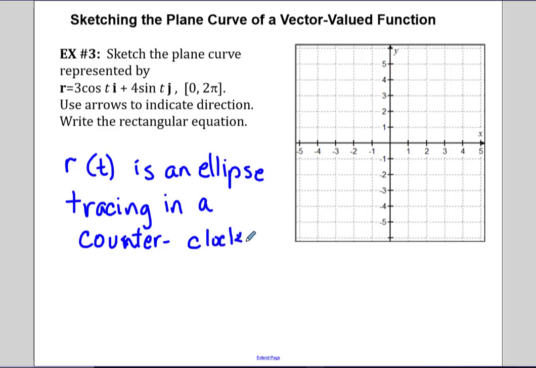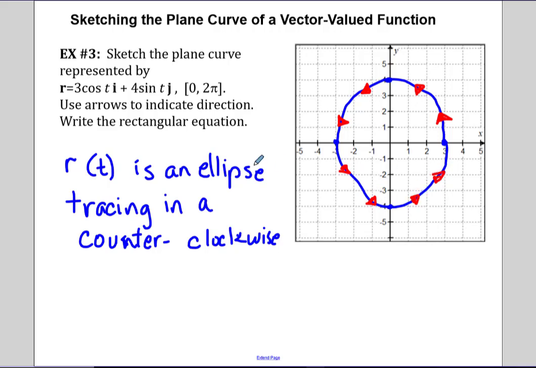So 3 cosine t in the horizontal means that we have 3 on the x-axis and then 4 in the vertical. We would trace out beginning at 0 around to 2 pi, in that counterclockwise direction. But we'd put some arrows along the pathway to indicate how the ellipse traced out from 0 to 2 pi.